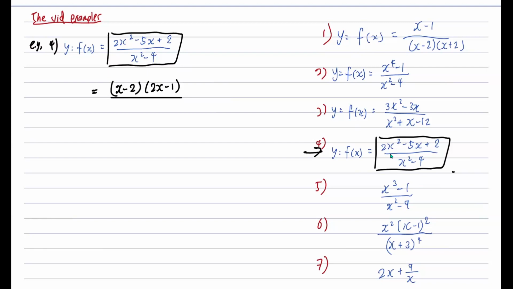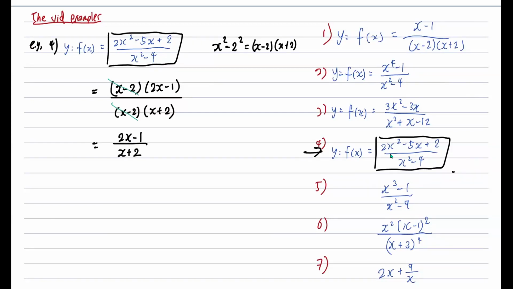Then for x squared minus 4, you have to be clever and realize that 4 is the same as 2 squared. So you get x minus 2 times x plus 2. And then, oh, magic, the x minus 2 can cancel away, right? So actually the function is 2x minus 1 over x plus 2 most of the time.